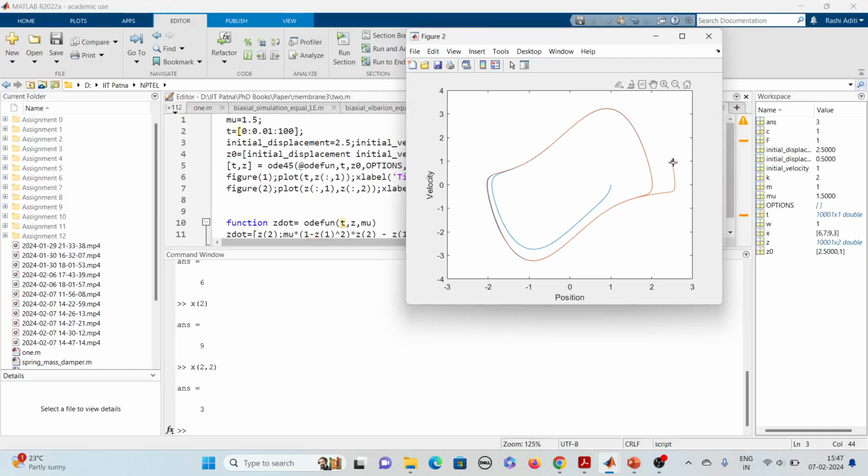If I'm giving it an initial condition outside of this closed path, the equation of motion is trying to make the system come and follow this path. It is forcefully making the system follow this closed trajectory. So what is it doing? Here it is reducing. And what is happening here?